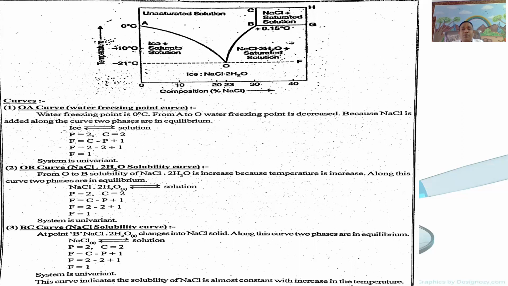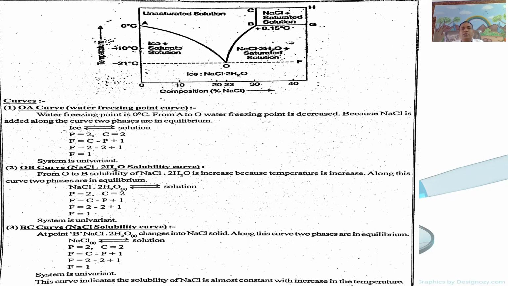The number of degrees of freedom required to explain any one phase of the potassium iodide water system based on the reduced phase rule is P plus F equal to C plus 1, F equal to C plus 1 minus P, where C is 2, P is 1. That is 2 plus 1 minus 1 equal to 2.